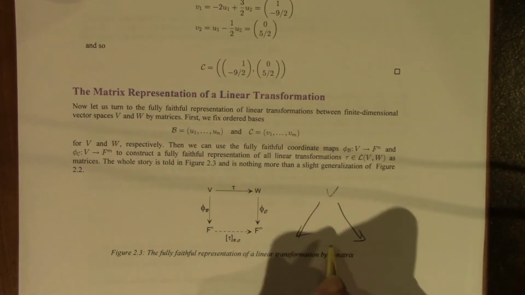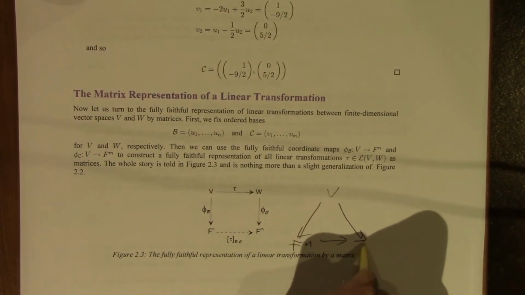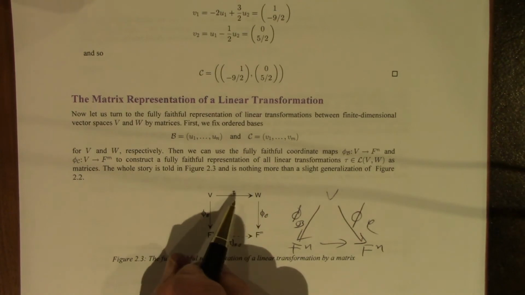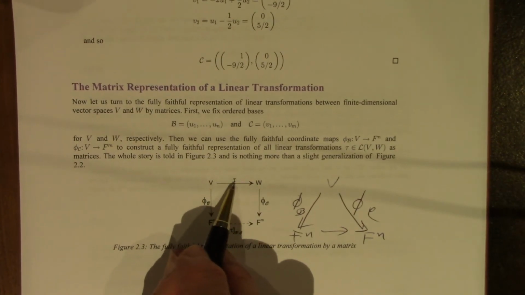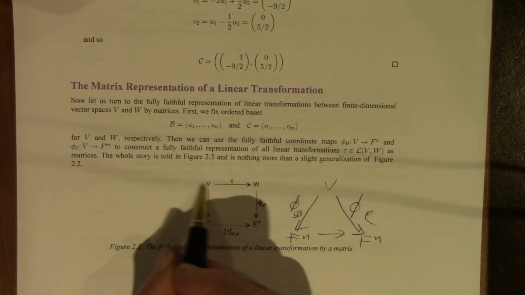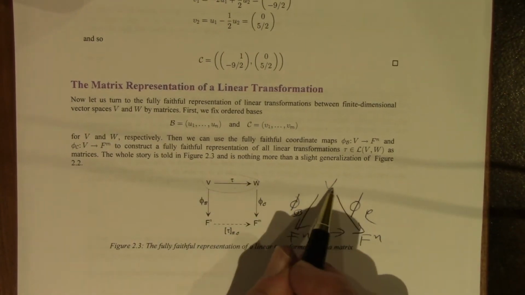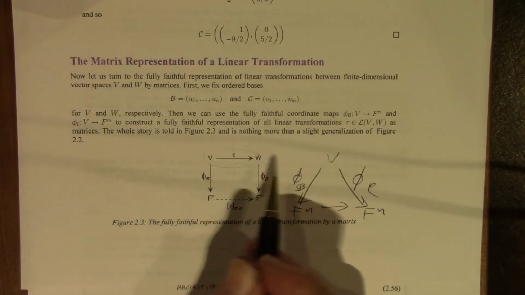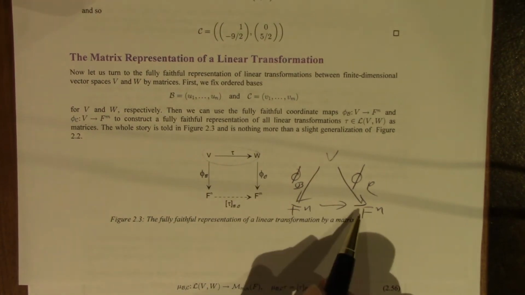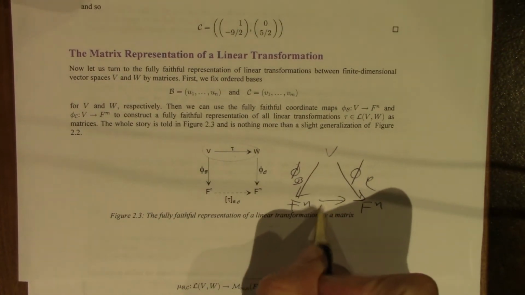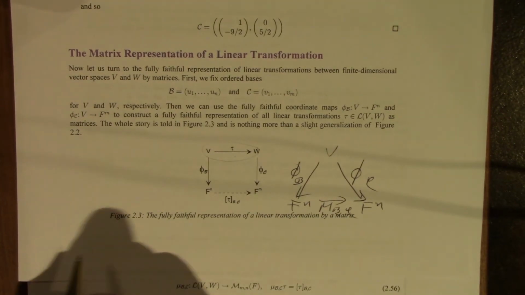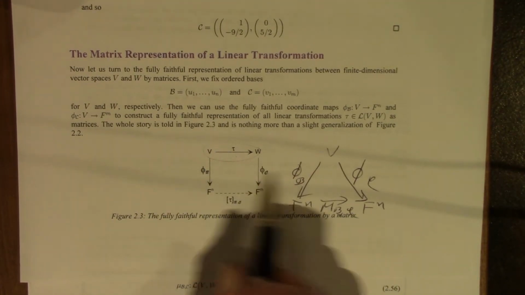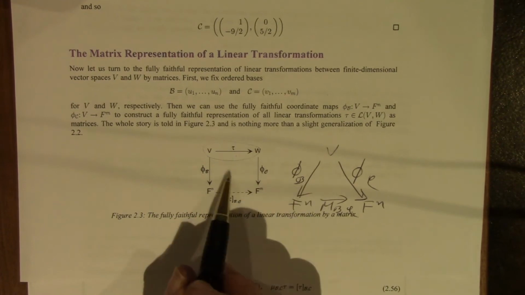Remember the picture we had before, this is phi sub B and this is phi sub C. If you set tau equal to the identity operator on V, you can collapse this to just V, because composing with the identity does nothing. And we get this earlier picture, and this was the change of basis matrix. This is the matrix representation of tau. So this is really the same thing here. This is a special case of this.